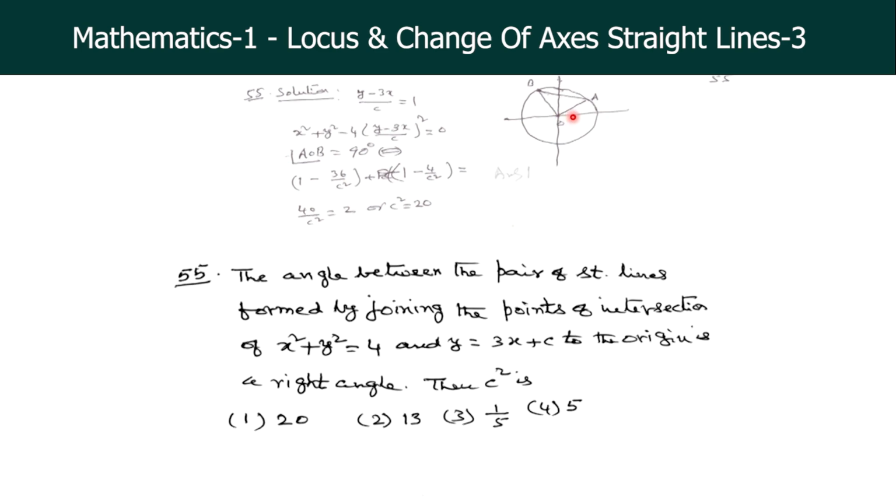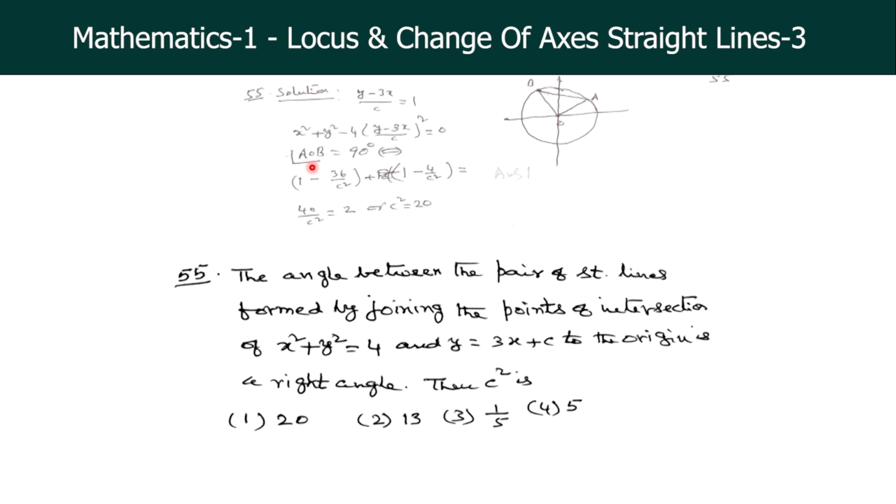Suppose the line y is equal to 3x plus c meets the circle x square plus y square is equal to 4 in A and B. So that means y minus 3x by c is equal to 1. So now homogenizing the circle equation with the straight line equation, the combined equation of the lines OA and OB is x square plus y square minus 4 into y minus 3x by c whole square equal to 0.